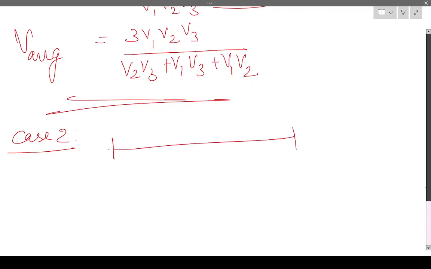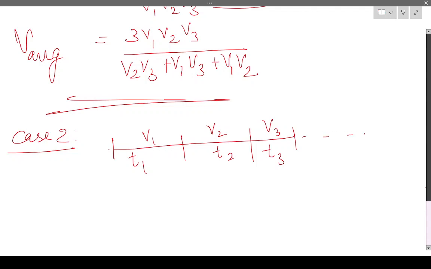Case 2: covering T1 time interval with the speed V1, T2 time interval with the speed V2, and T3 time interval with the speed V3, and so on like that.